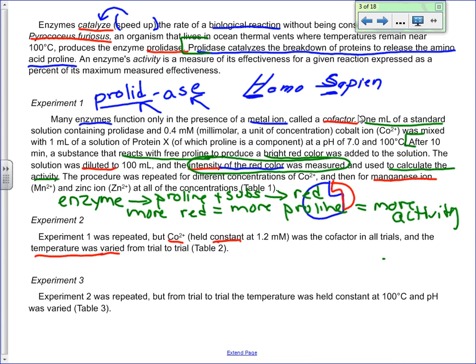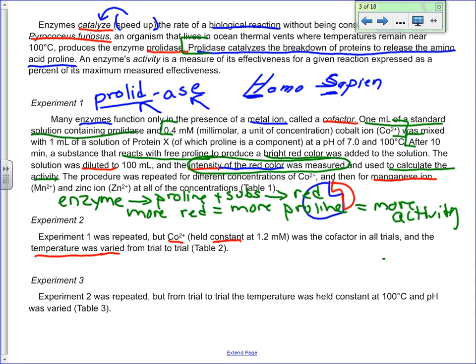All right, 1 milliliter of a solution of prolidase. All right, what else are we keeping the same all the time? Oh, 0.4 millimolar. So now careful, this is a millimolar of cobalt ion. So this is one of the cofactors. So this is something we're actually going to end up changing.